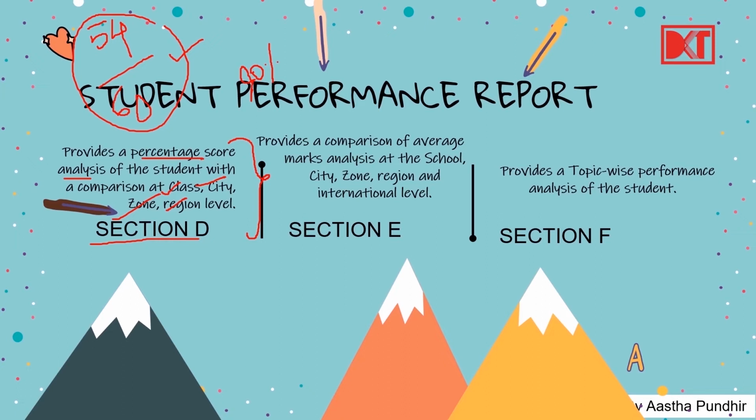Alright, another one provides a comparison of average marks analysis. Now previously we were talking about this percentage score. Here we are comparing the average marks. Alright, now here you see कितने ज़्यादा parameters आपको provide किए जा रहे हैं to compare yourself, to give you a reality check. All right, then this one, very important for you.